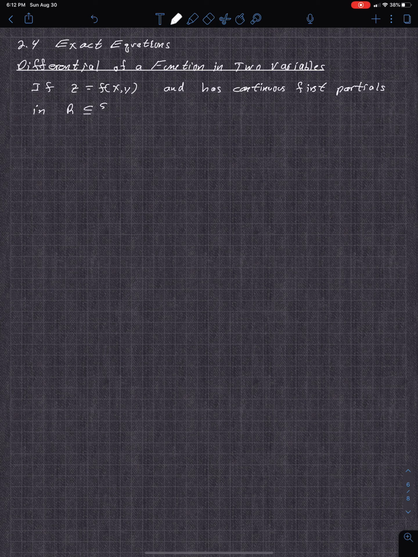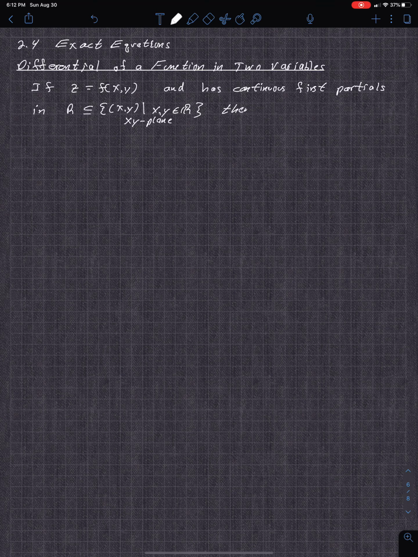I could have written out xy plane, but I figured I'd show you some other set notation you might see in the future. So it's the set of (x, y) such that x, y are in R. That's basically the xy plane.